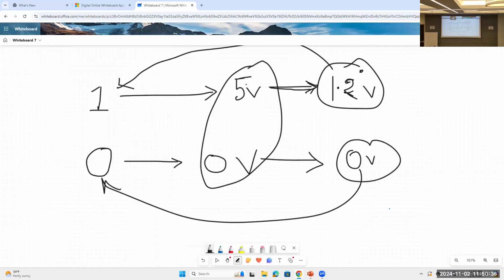You may ask, why this reduction from 5 volt to 1.2 volt? Because, as I have told you, in a microprocessor or memory there are billions of transistors. If billions of transistors try to take 5 volt, the required power will be very much higher. But we do not want that, right?